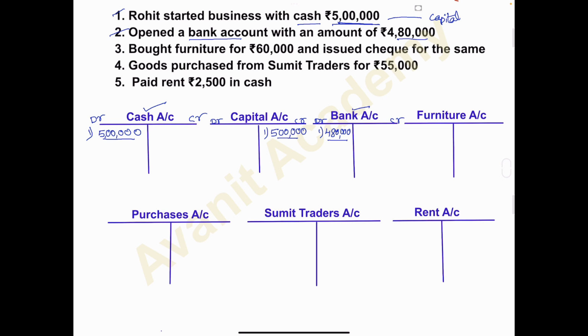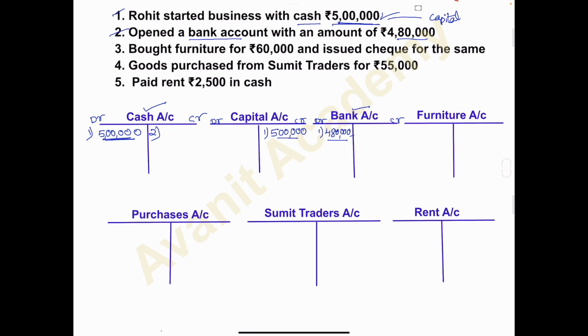So Rohit has 5 lakh rupees cash, correct? Out of this 5 lakh, he has taken 4,80,000 rupees and from that he has opened a bank account. For that we have passed the entry. For the decrease in the cash balance, we have to pass one more entry on the cash account. From this 5 lakh, he has taken 4,80,000 rupees to open a bank account.